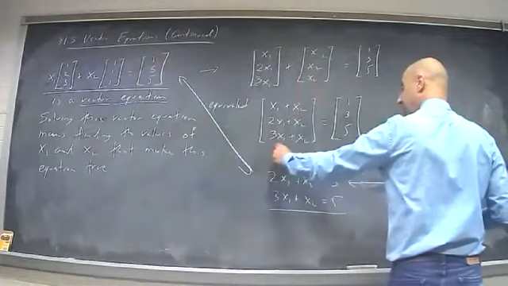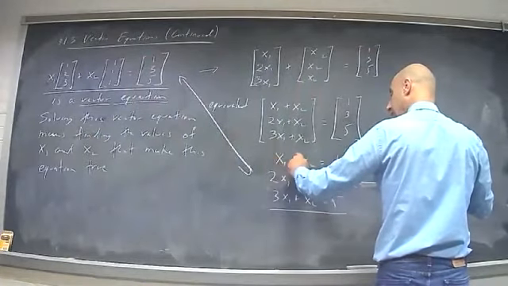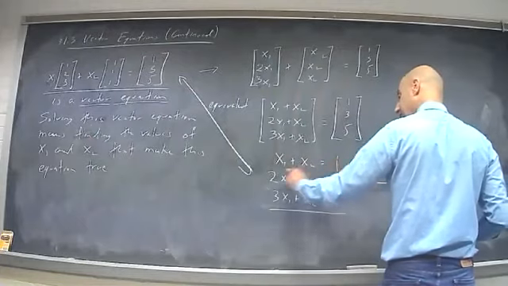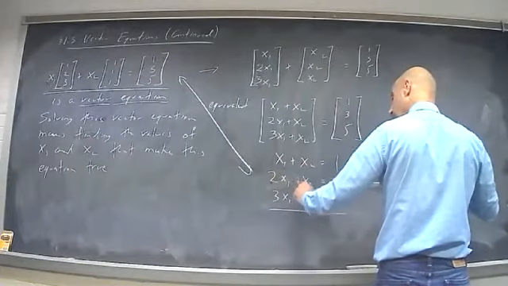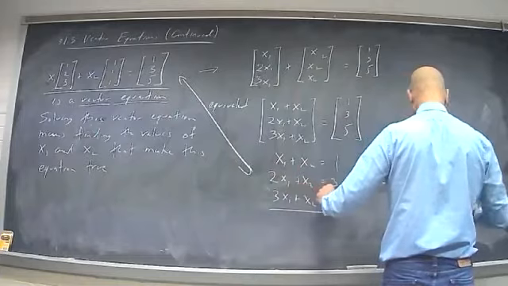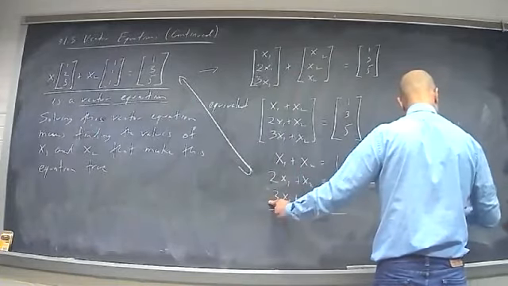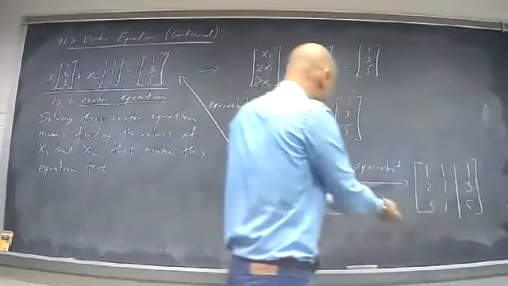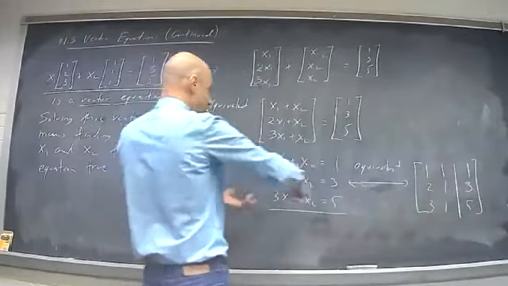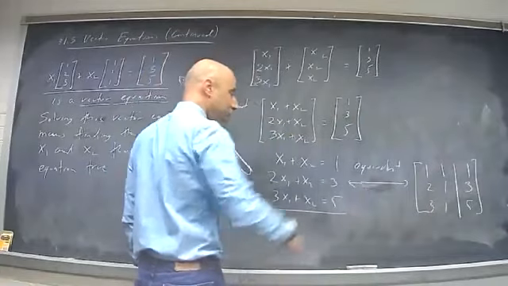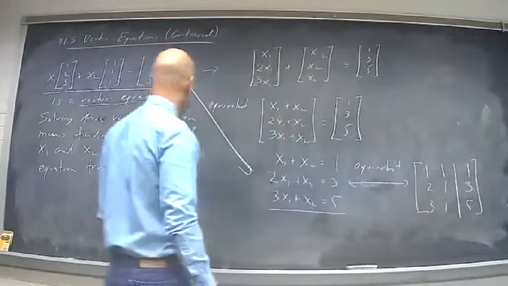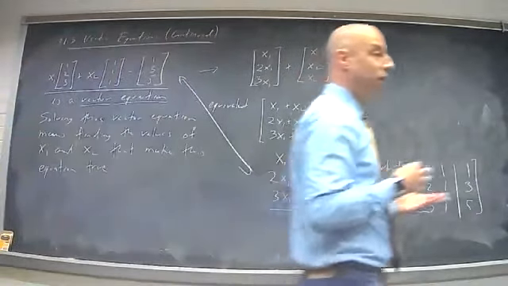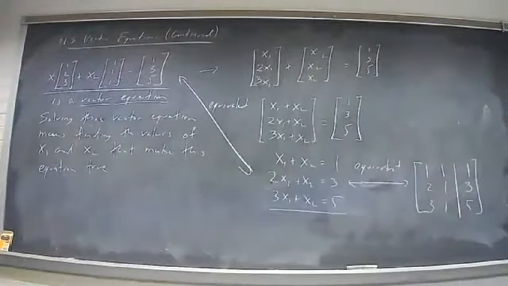The augmented matrix is 1, 1, vertical line, 1, 2, 1, vertical line, 3, 3, 1, vertical line, 5. Of course, we already know how to solve that. We know we can solve it in terms of augmented matrices. So we just have three different forms of the same thing now.